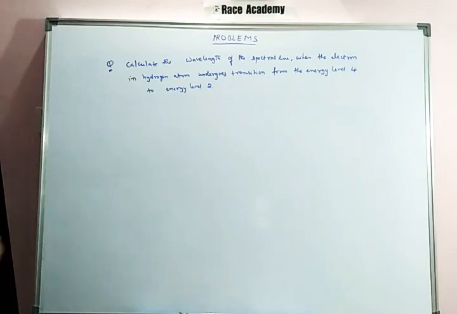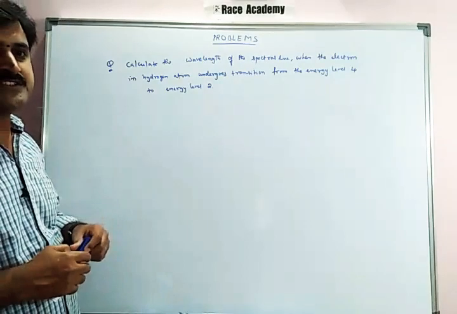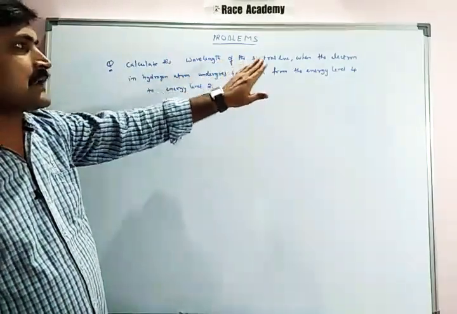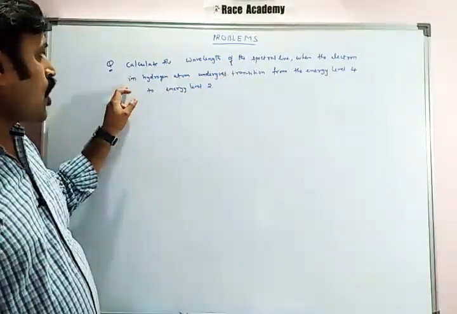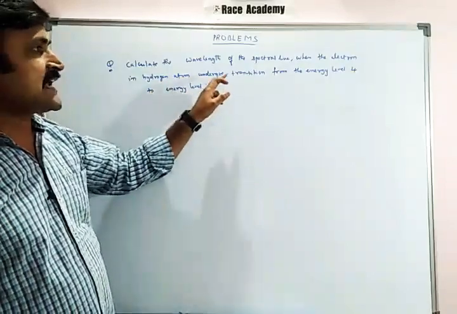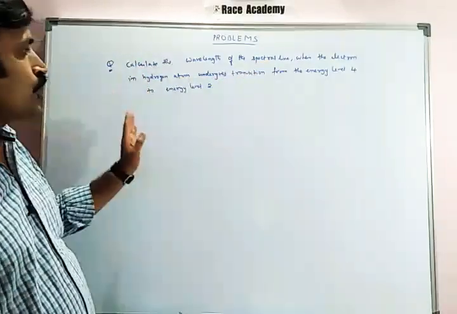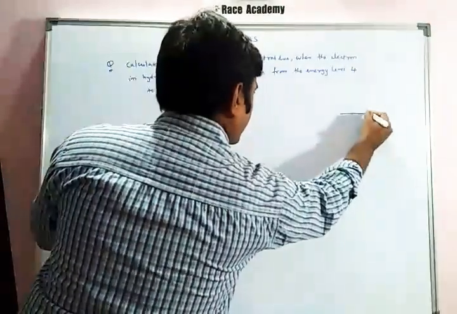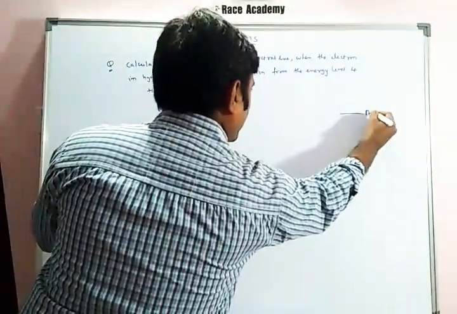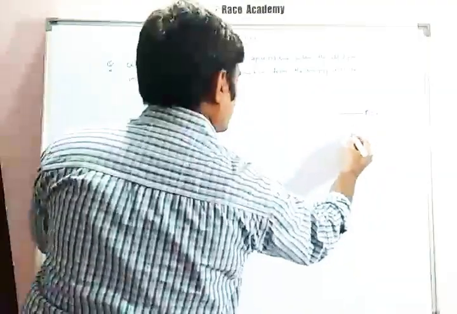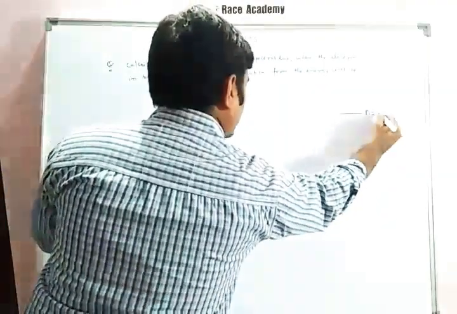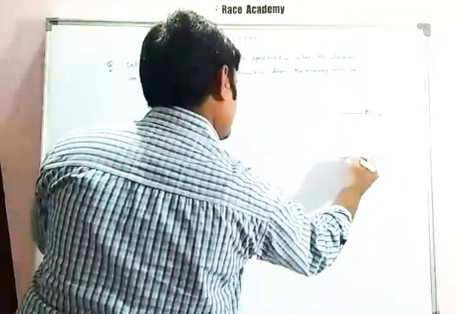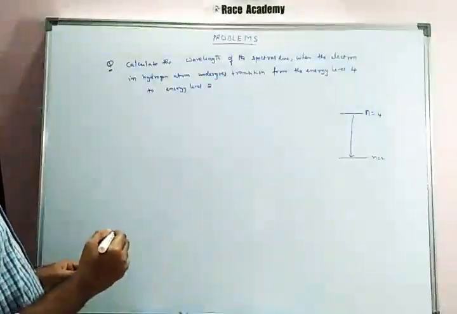Let us see the next problem, a most interesting problem: calculate the wavelength of a spectral line when the electron in a hydrogen atom undergoes a transition from energy level 4 to energy level 2. That means the n value 2 is there, but the electron is coming from 4, so an electronic transition happened.